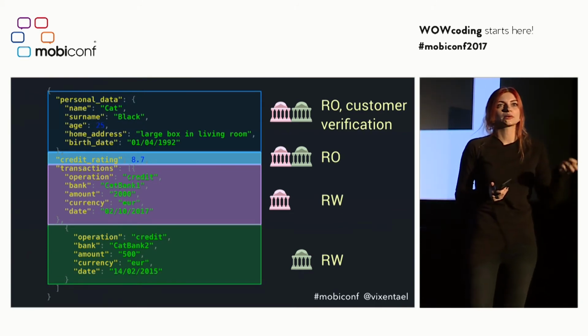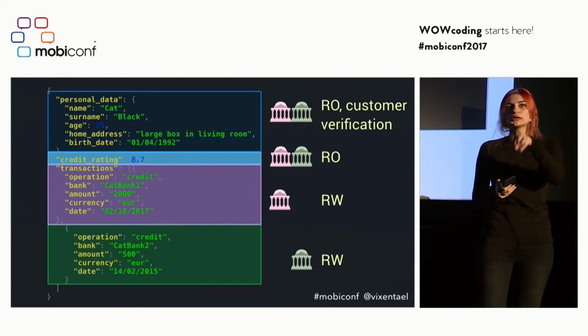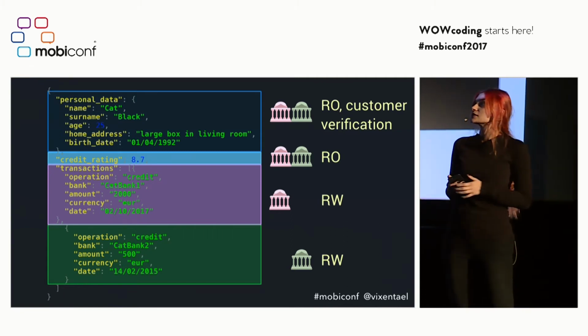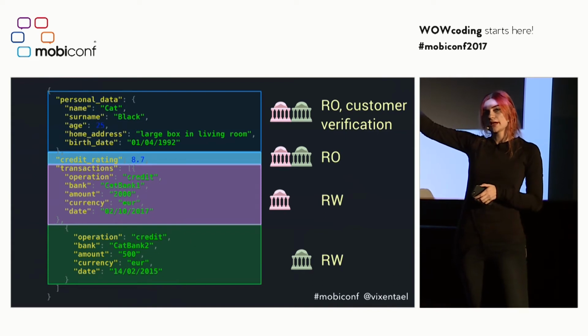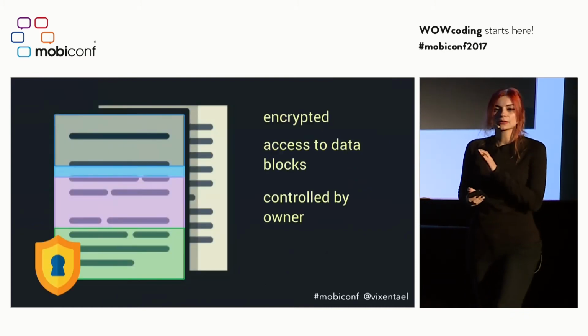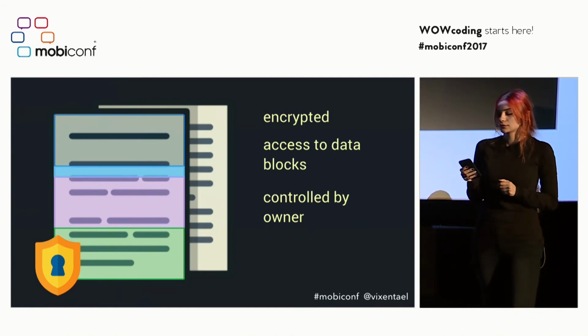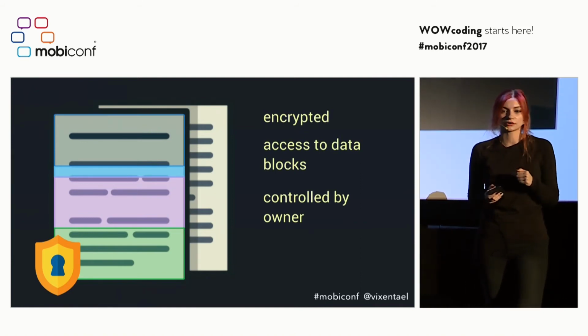Each bank should be able to update only its unique transaction, right? So we are splitting the encrypted history into blocks, and we are managing access to each block separately. And everything is encrypted and controlled by the data owner.